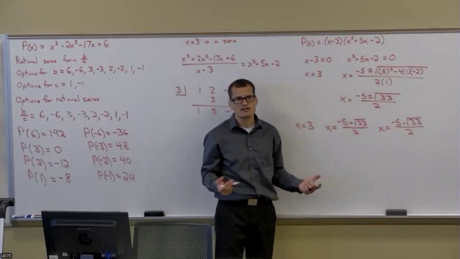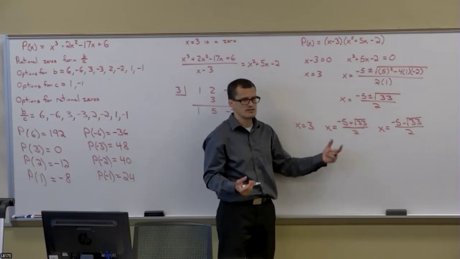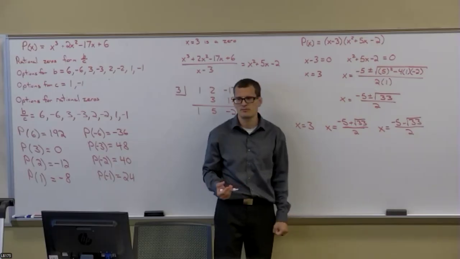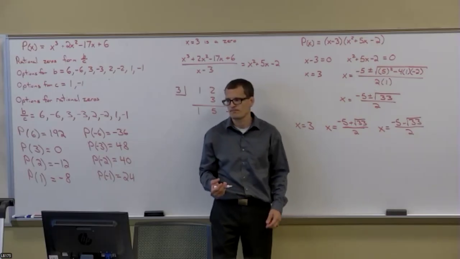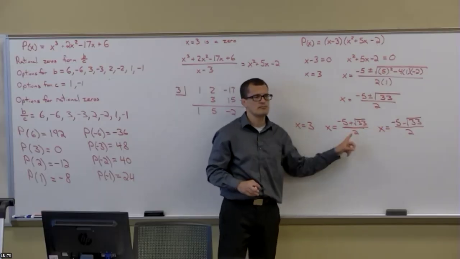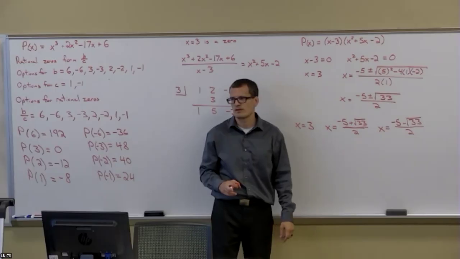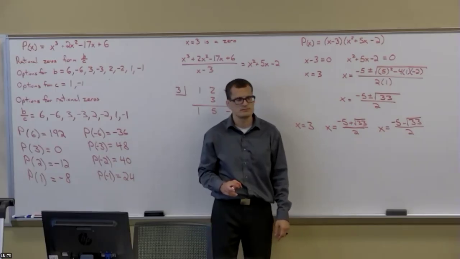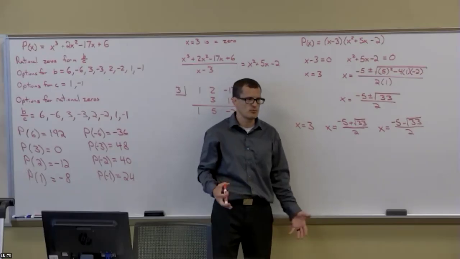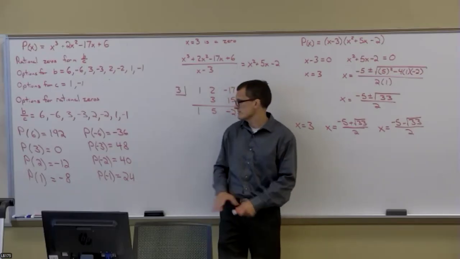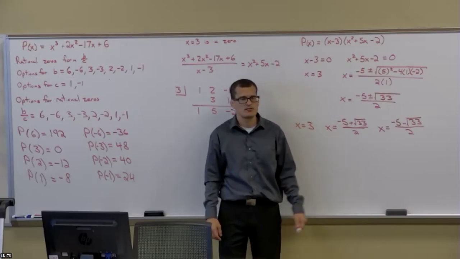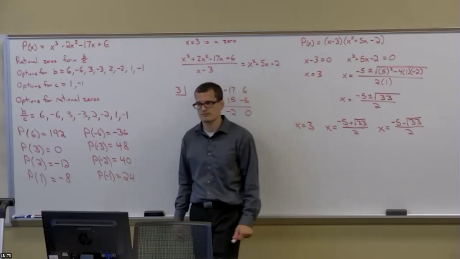If it asks for the approximate answers, round it to a couple decimal places, then just stick this in your calculator and round it a couple decimal places. Okay. Both of these are real but irrational. And that's why we saw that graph crossing at 2 different points and not pick up with our rational zeros, because those were irrational zeros.